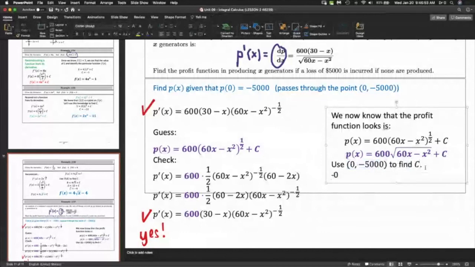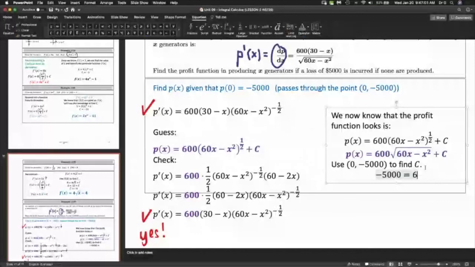So we have negative 5,000 equals 600, and then you get here 60 times 0 minus 0 squared plus C. That's negative 5,000 equals 0 plus C. So C equals negative 5,000.